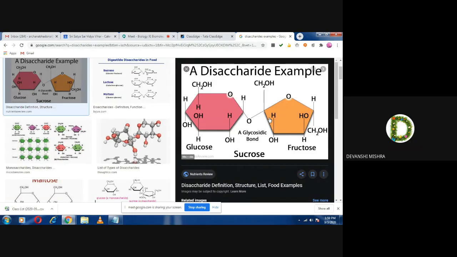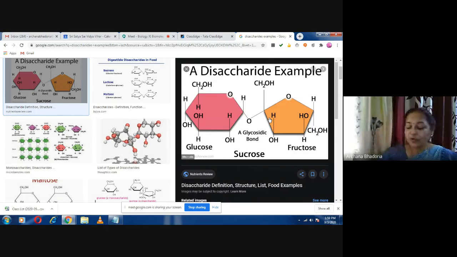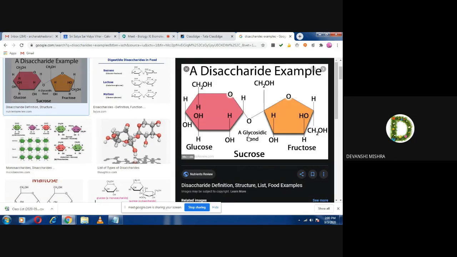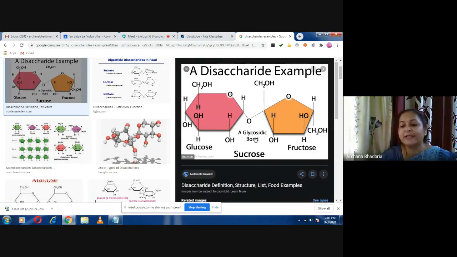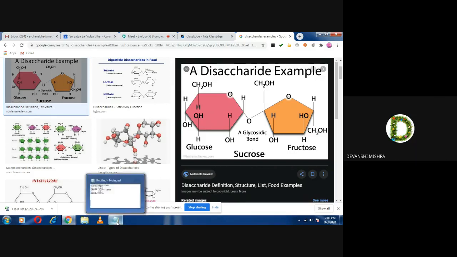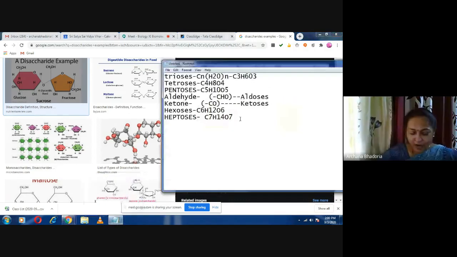First carbon atom of one monosaccharide and fourth carbon atom of another monosaccharide. Very good. Okay. So we call that bond the glycosidic bond. What is that bond called? Glycosidic bond. So 1,4 glycosidic bond. So how to write it down?